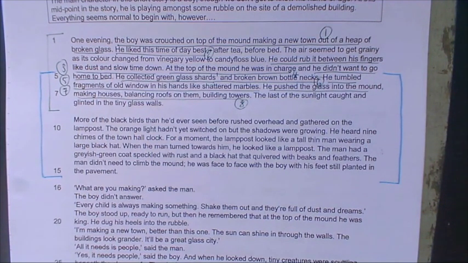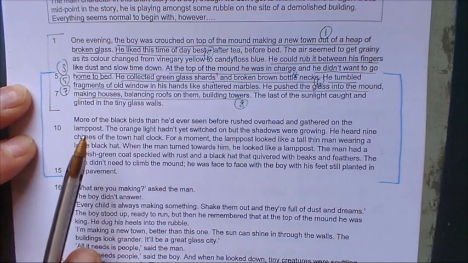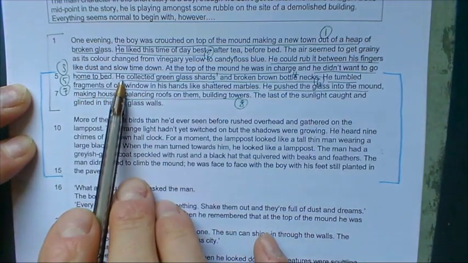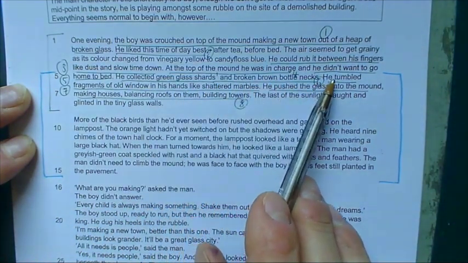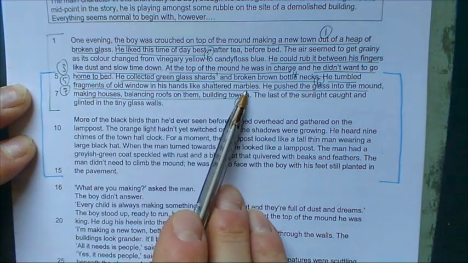Okay, so we're reading from line 5 to 15, and we're looking for any language features that we think are presenting the way that the boy plays. So to start with, he collected green glass shards and broken brown bottlenecks. He tumbled fragments of old window in his hands like shattered marbles.